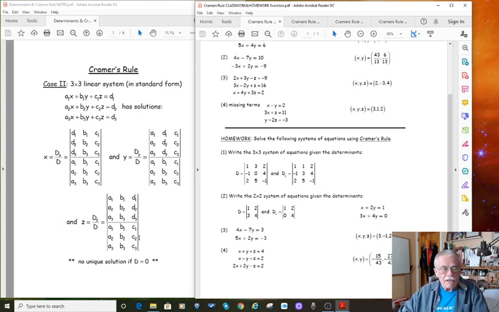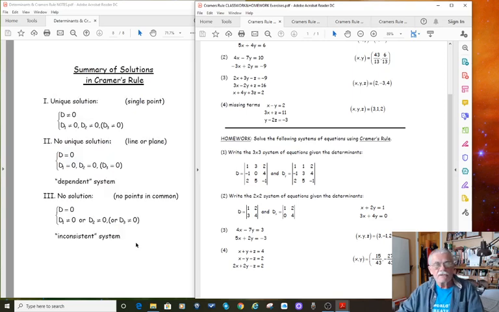Okay, so let us look at some of the admonitions or warnings, the summary here. Let's talk about what we know happens to the solutions. You get a unique solution if D is not equal to 0, a unique solution meaning a single point, and these of course must likewise be true.